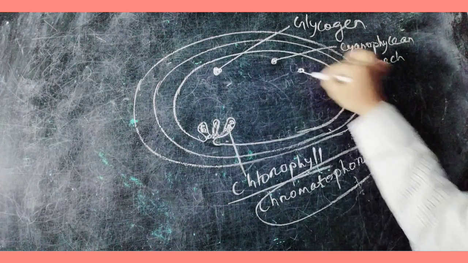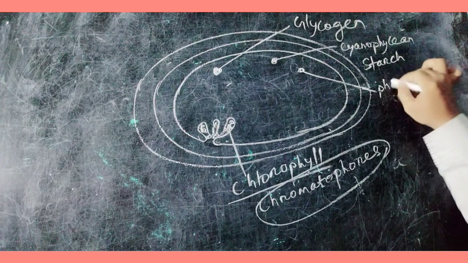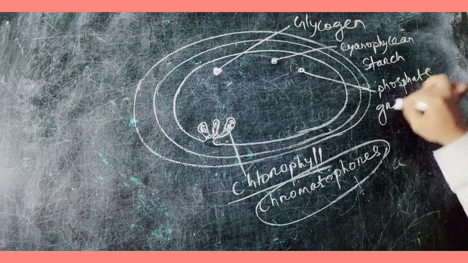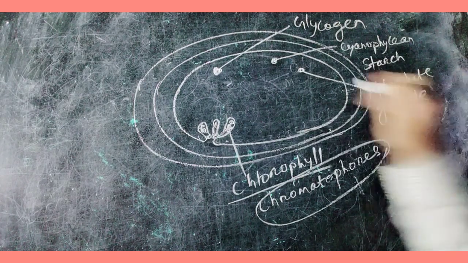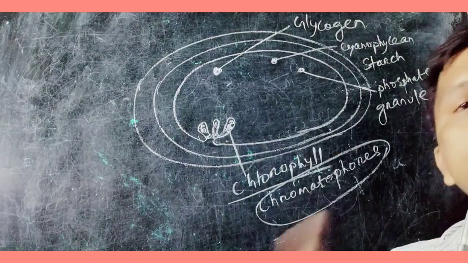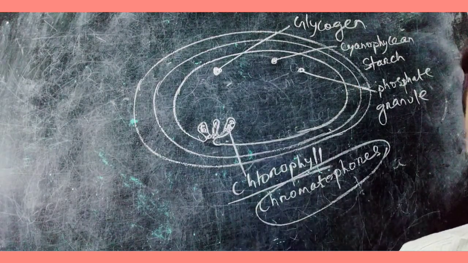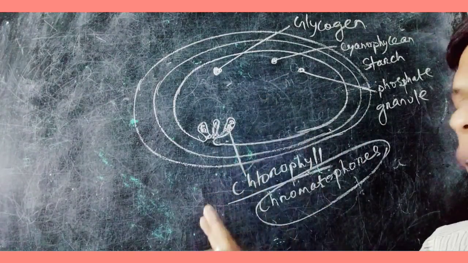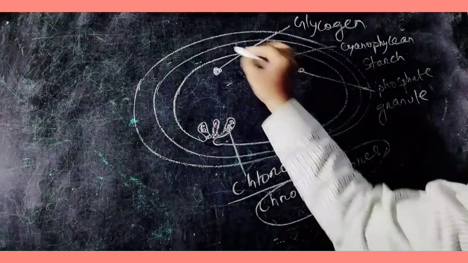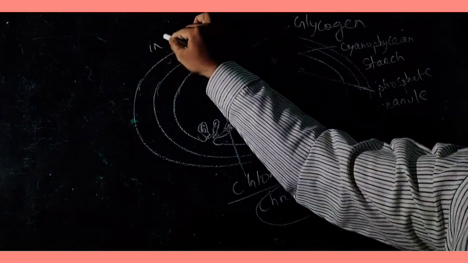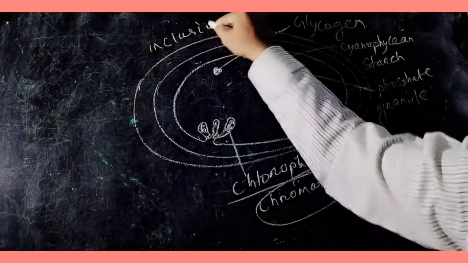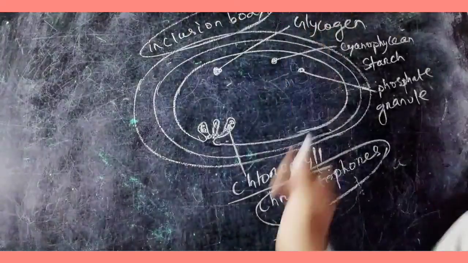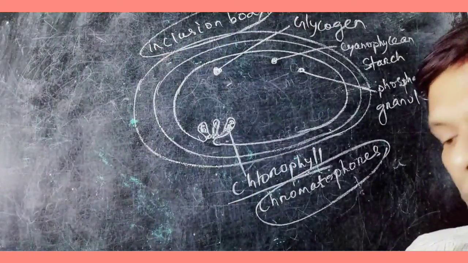Phosphate granules, this is a phosphate granule. All these components are regarded as storage granules in case of bacteria. These storage granules in prokaryotes are called inclusion bodies. Okay, these are inclusion bodies. Chromatophore, inclusion body.